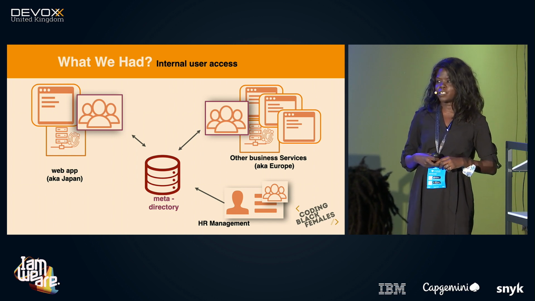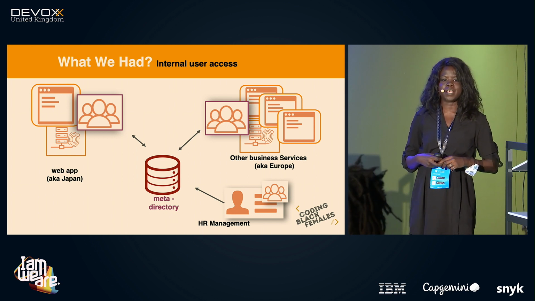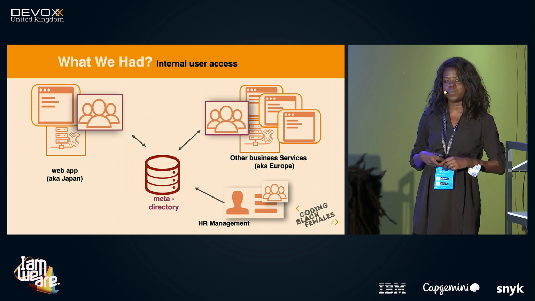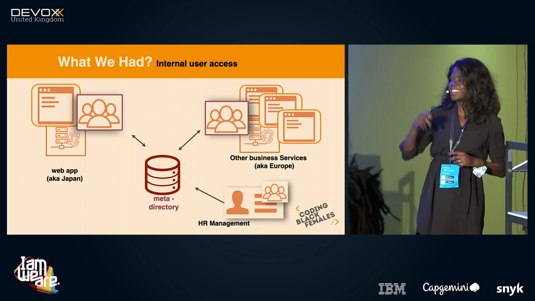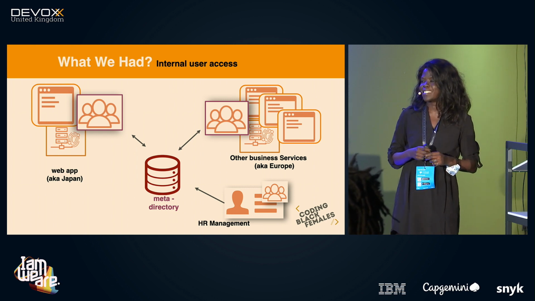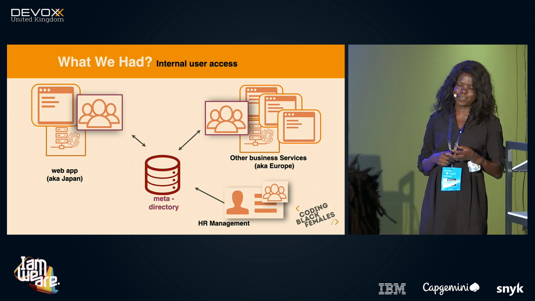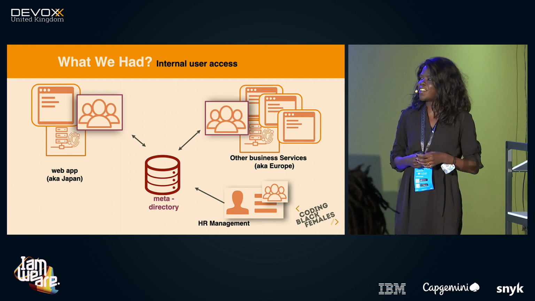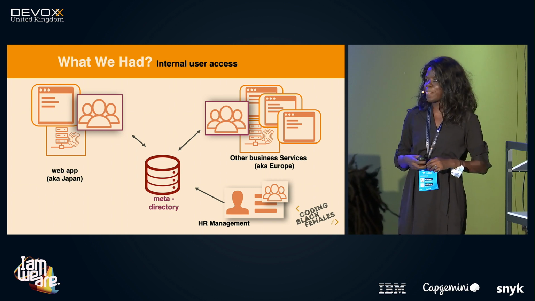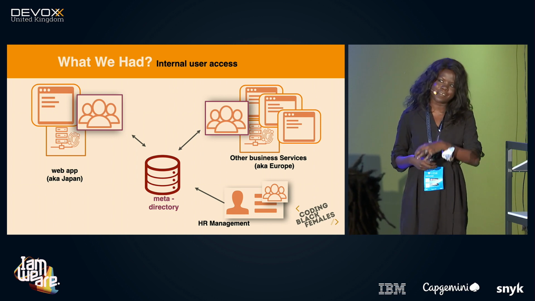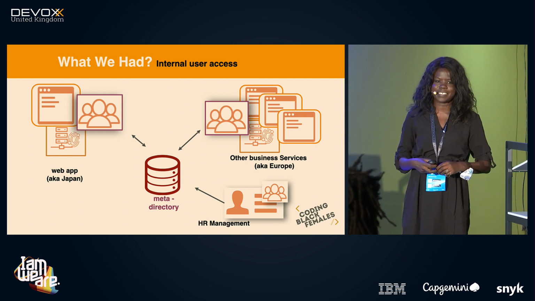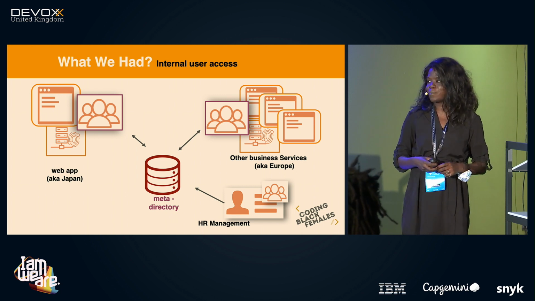And I'm going to call that Japan because the UK did not seem too politically correct. And then we had another set of internal business applications, and those were things like Confluence, Jira, and email and things like that. And only employees that were hired directly by the company needed to access that. And I'm going to call that setup Europe for brevity's sake.